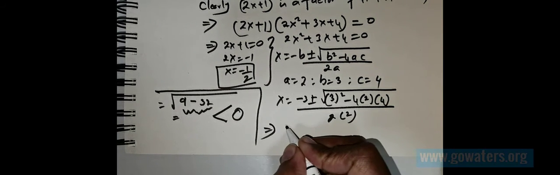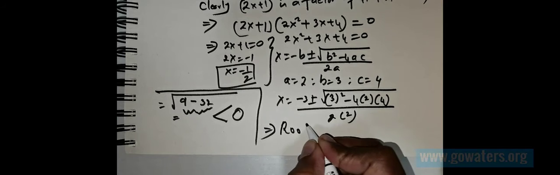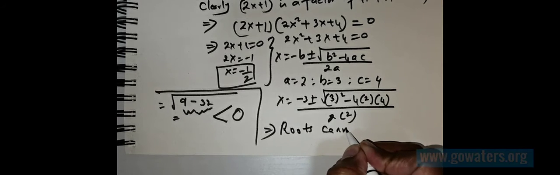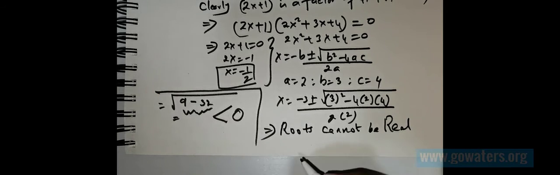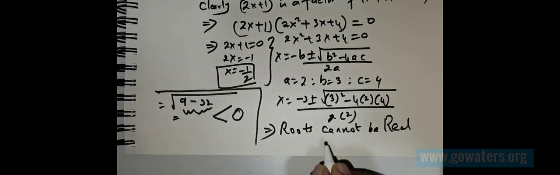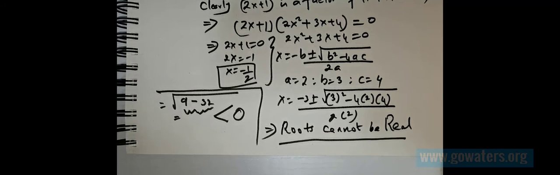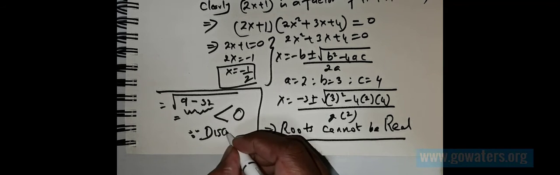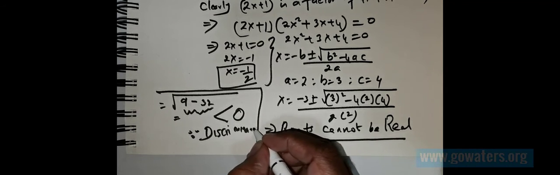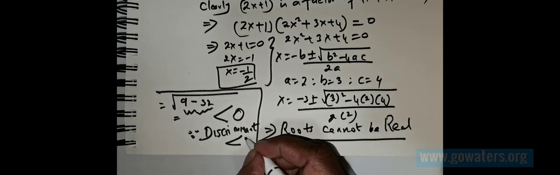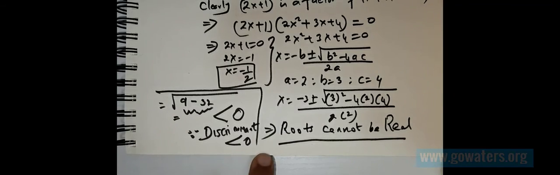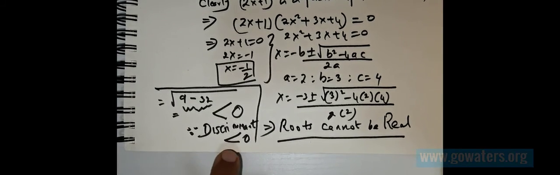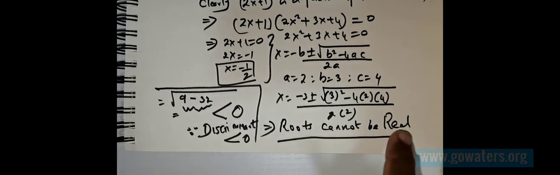So you can directly conclude the roots cannot be real. Even if they exist, the roots cannot be real. That is a very important observation. Why? Because the discriminant is less than 0, the roots cannot be real.